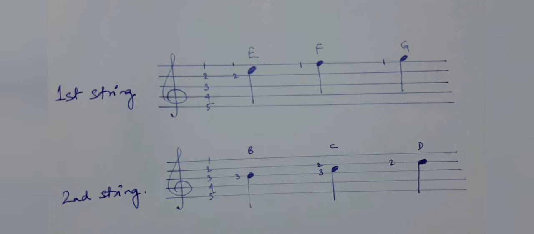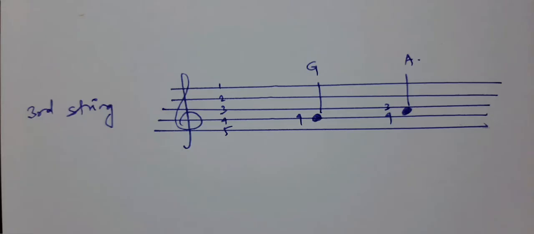The head of the notes is the most important part with which you will be able to understand which note it is. The third string, G and A. G is written across the fourth stave or line, and A is written in between the third and the fourth stave lines. So this is how the G and the A on the third string are written.